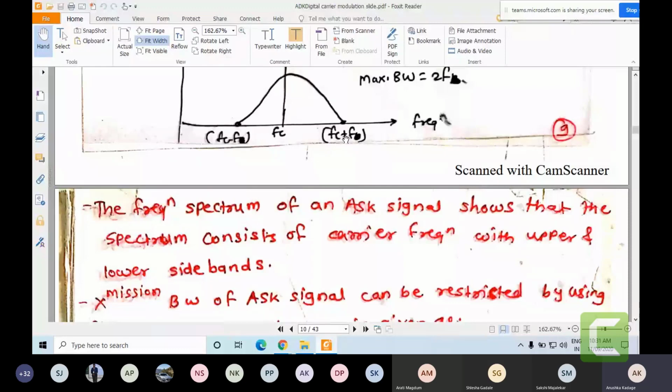And double sideband will be seen by this Fc minus F and Fc plus F component in the frequency spectrum representation, which will represent the two bands which are located at equal distances around the carrier frequency of the signal. And that's why we are saying that ASK is nothing but a type of double sideband AM modulation.